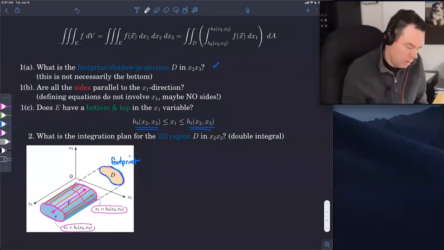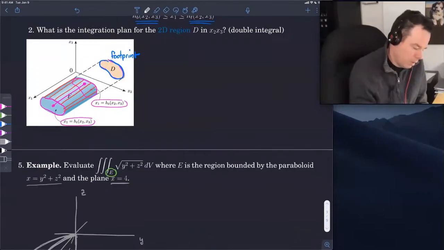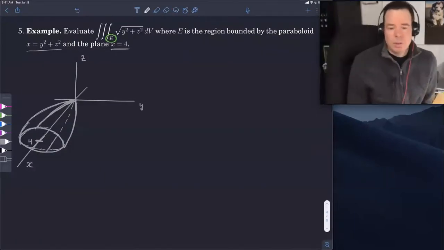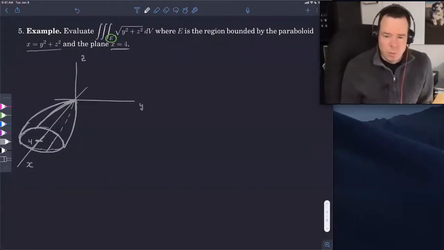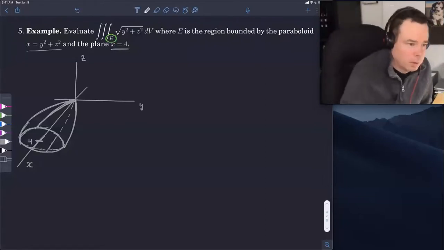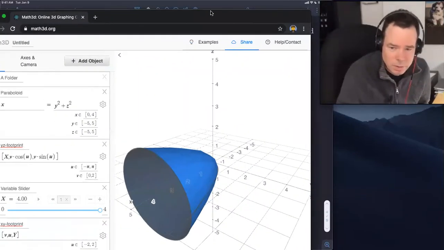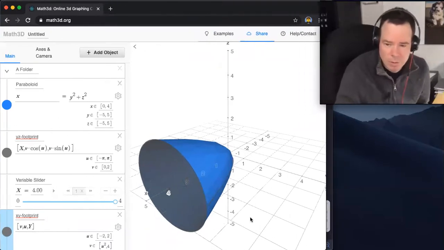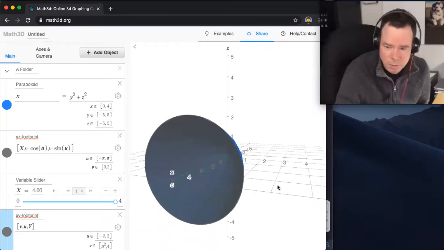What's the shadow in the other coordinate plane by the other two variables? This will dictate which variable we want to integrate with respect to first. So what I'm going to do is drag across our visualization. For the later examples, we'll just do it straight from our picture, but I want you to get a feel for what it is we're looking for.